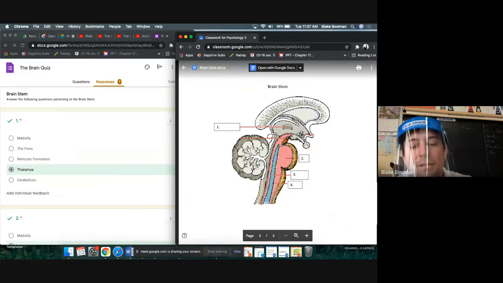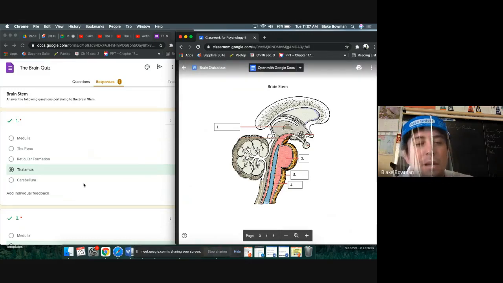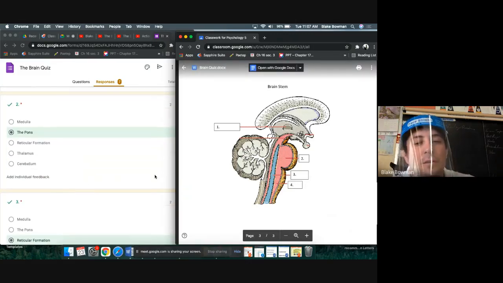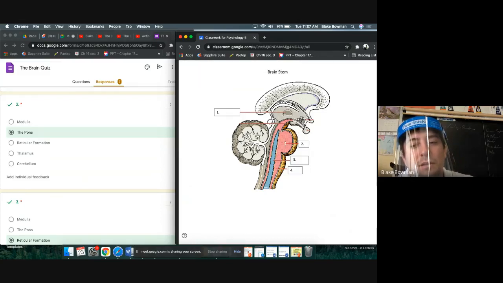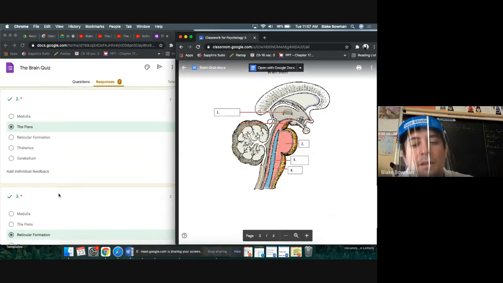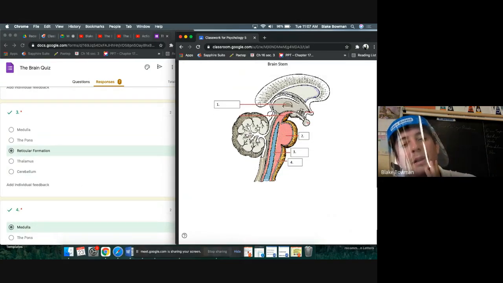One, the thalamus, we know as the central processing chip, receiving any incoming and outgoing information between the brain and the rest of the body. Two, the pons, the bridge. We mentioned facial expressions, movements, tear production, you name it. Three, reticular formation, keeping the brain awake and alert.